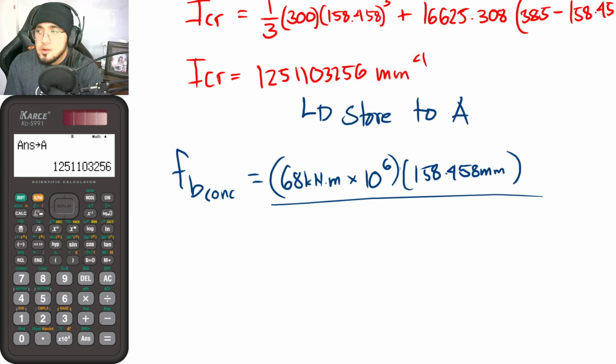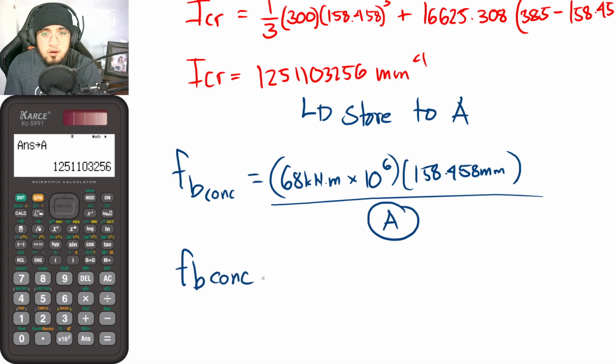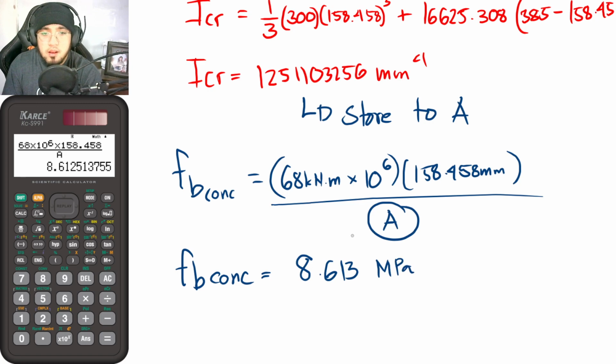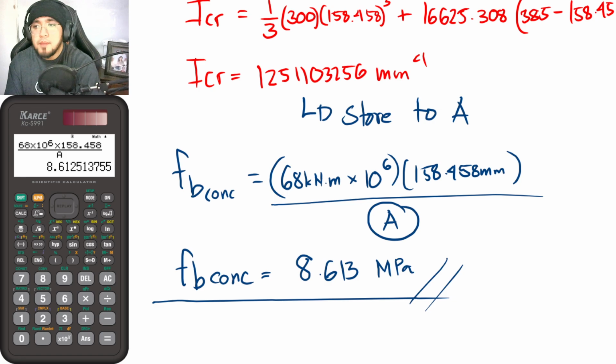Since we have stored it to A, let us just make use of A. So the fb of concrete is now equal to 68 times 10 raised to 6 times 158.458 divided by A. Our answer here is now equal to 8.613 megapascal. Okay, so that is now the bending stress of concrete.